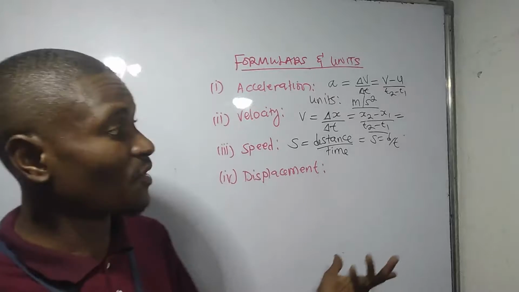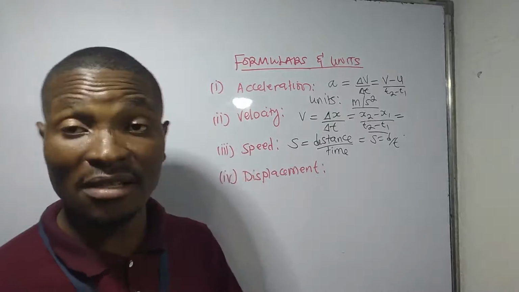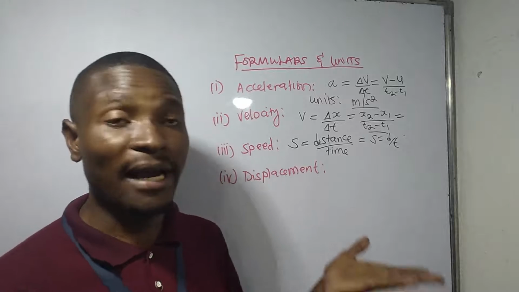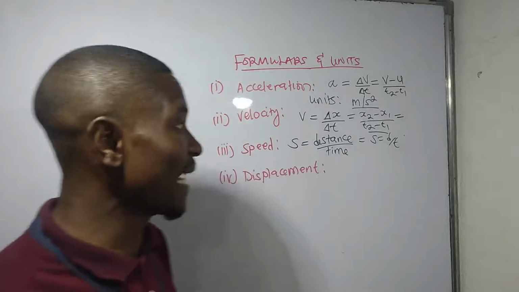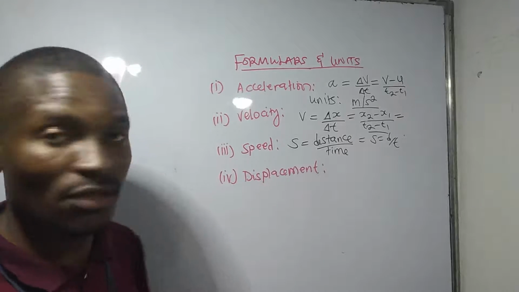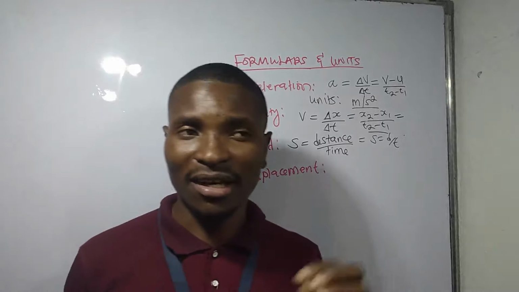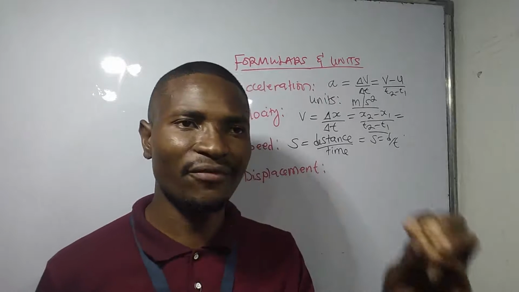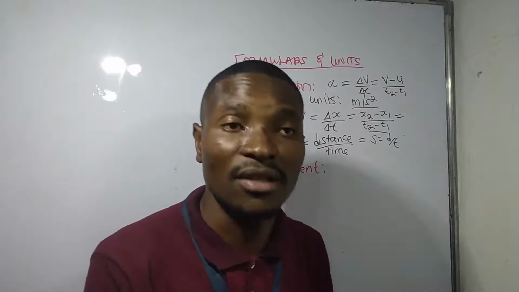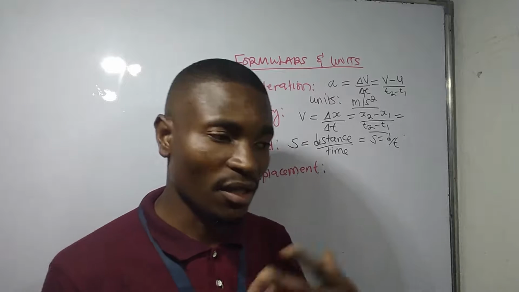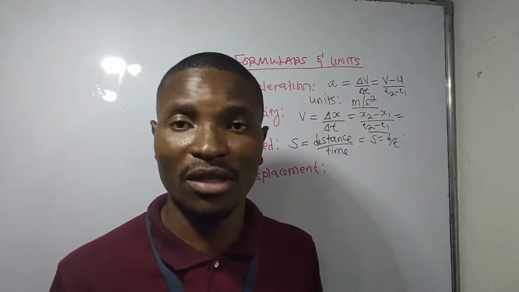I won't talk much on that formula, but this is the formula that is known. In the coming future, I will explain why that is the case as compared to velocity. So make sure you understand that velocity and speed are the same, except that speed will never be negative, because it does not take into consideration the change in displacement. Make sure we understand that.